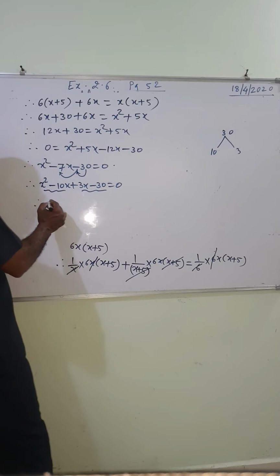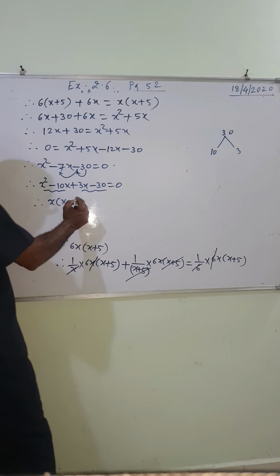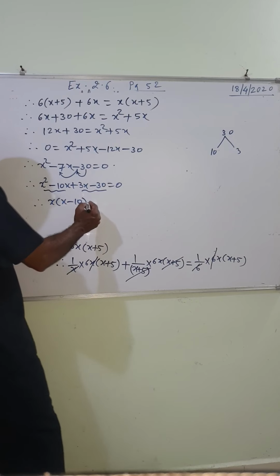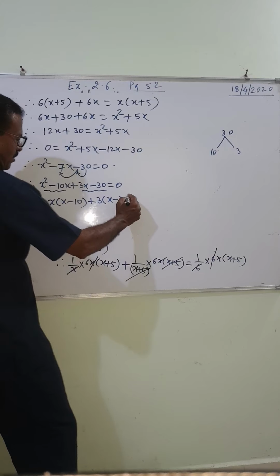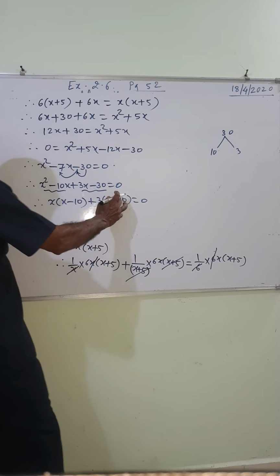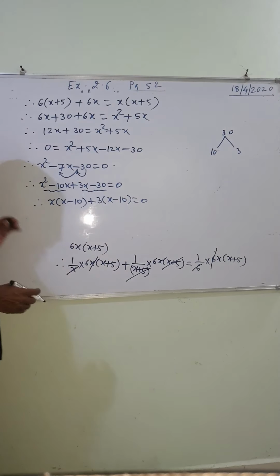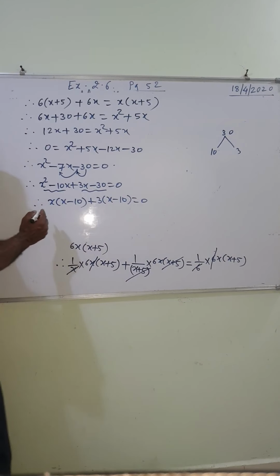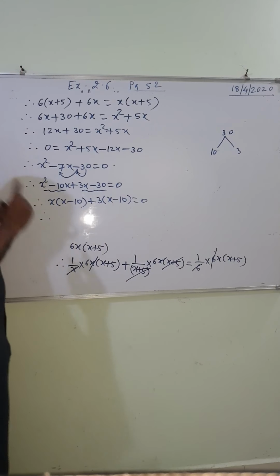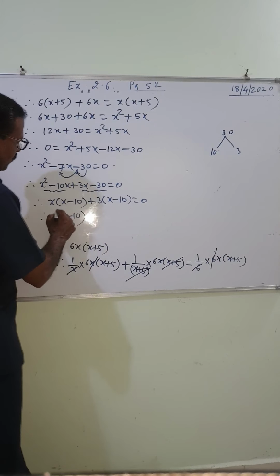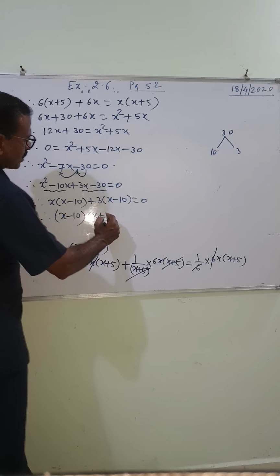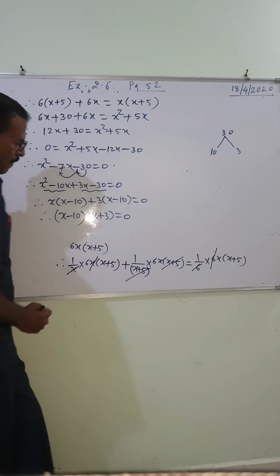Therefore, x is common: x into x minus 10, plus 3 is common, into bracket x minus 10, is equal to 0. Now x minus 10 is common: x minus 10 into another bracket x plus 3 is equal to 0.